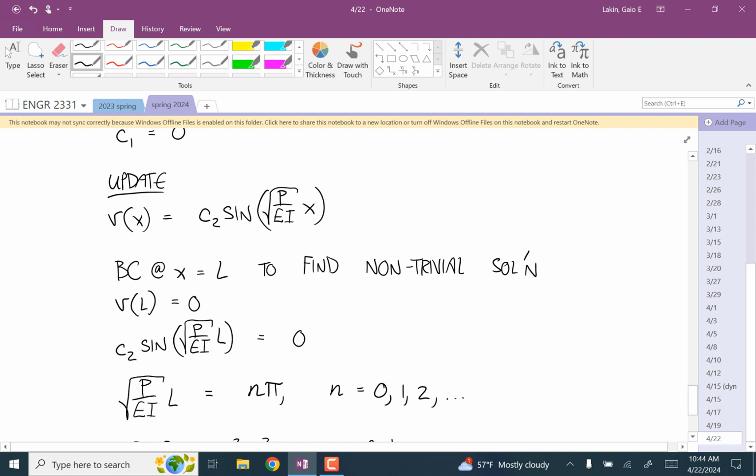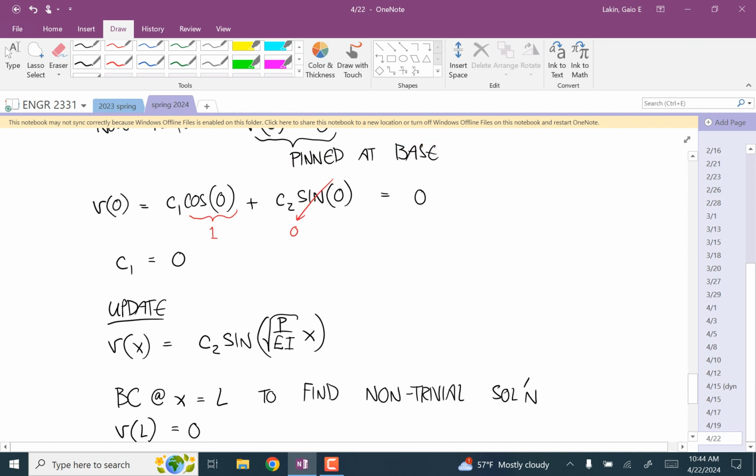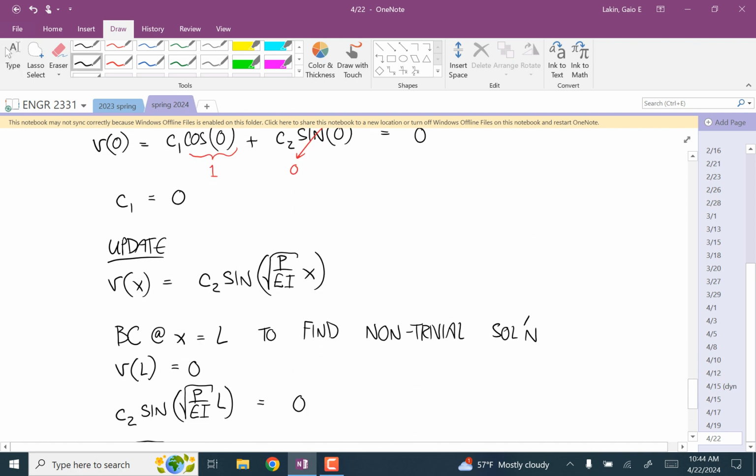Does C2 have any physical significance in our model? Yes. If you think about this as just a function, it affects the amplitude of the sine function. So if you measured the greatest deflection of the whole thing, in this case, this would be just a single half of a sine curve, and the greatest deflection would be at x equals L over 2.